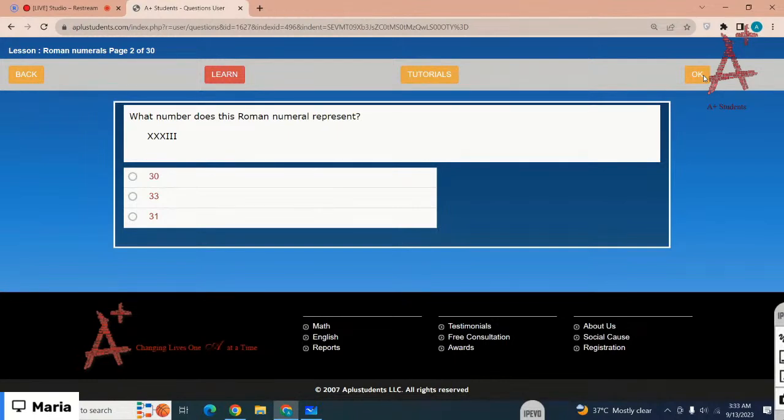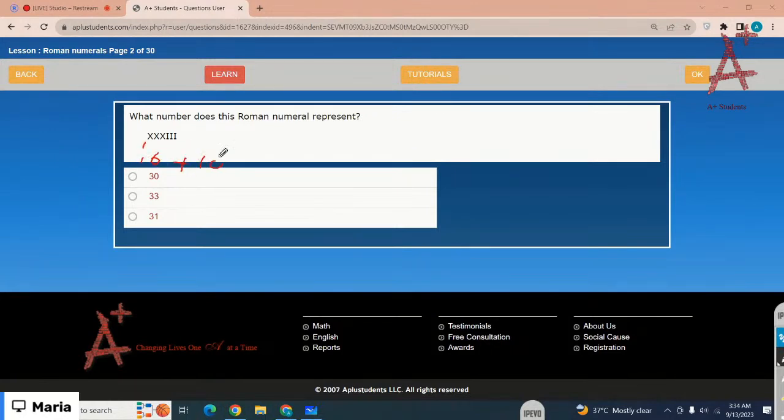What number does the Roman numeral represent? So which is the correct option? That is X, X and X. You have 3 Xs, right? That is 30.